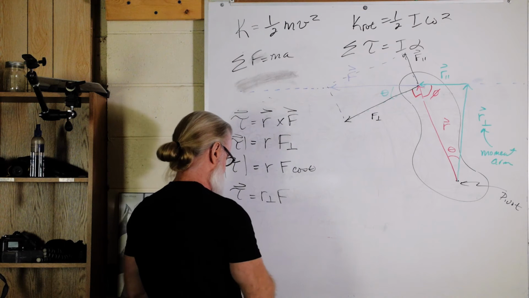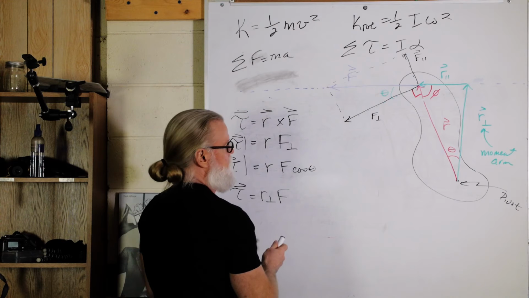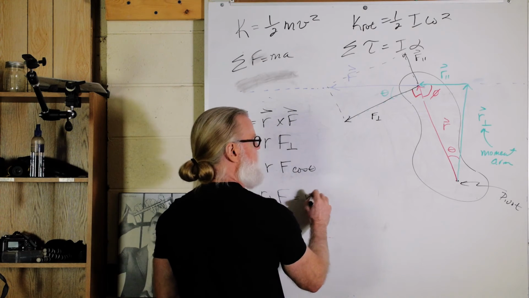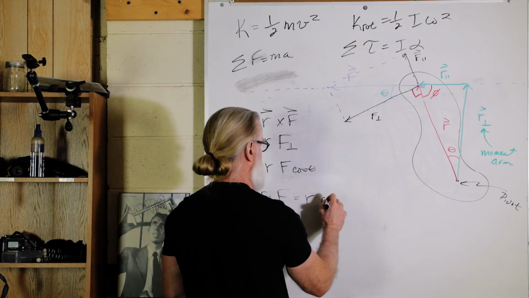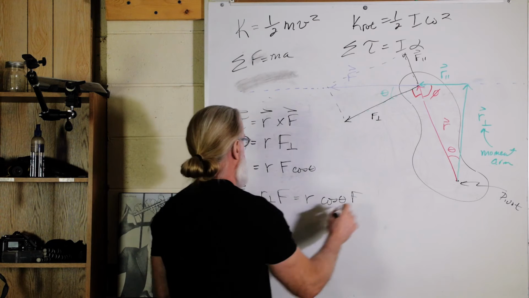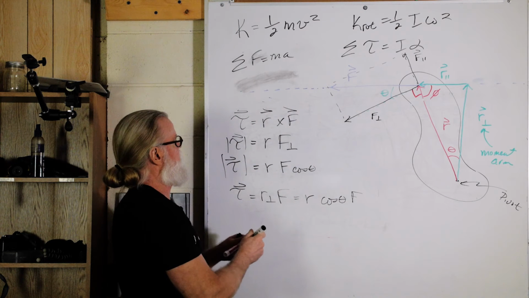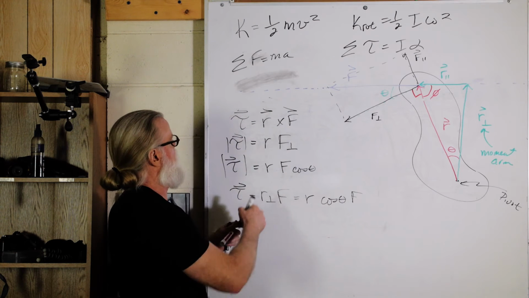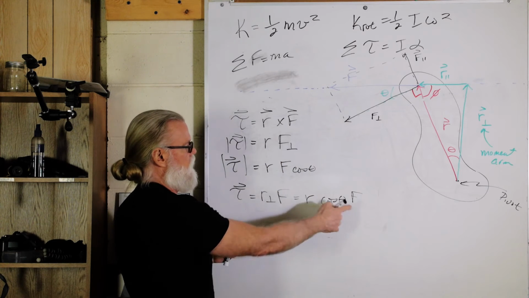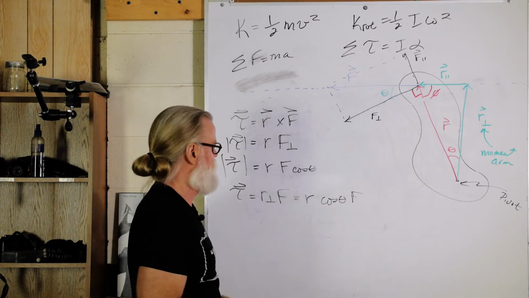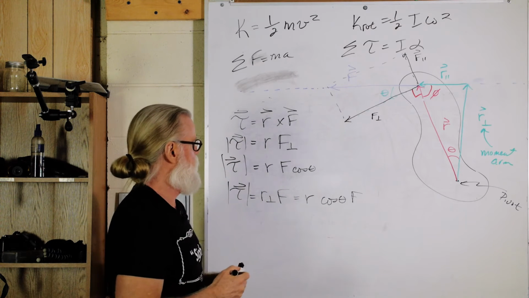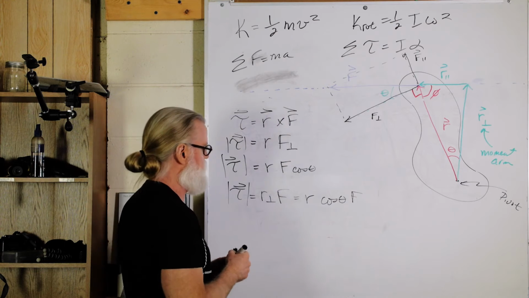So R perpendicular is R cosine theta, and then multiply by F. And we notice that we get the same answer that we had before, when we went RF perpendicular, RF cosine theta. Here we also have RF cosine theta, right? So it gives us the same answer for the magnitude. And in this case, the direction would be positive.